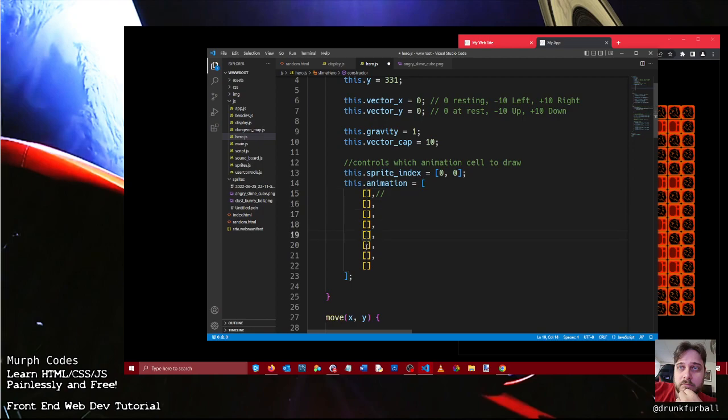These arrays are going to tell us which frames to cycle through. And we'll skip to the next frame, skip to the next frame, skip to the next frame as we move through the animation. When we do those, we have to populate these lists with the frames in the order that we want them.